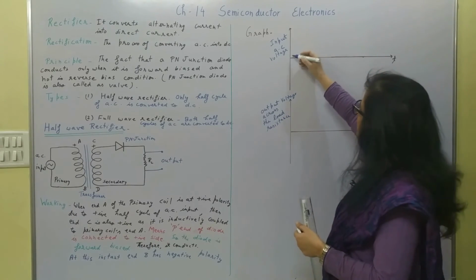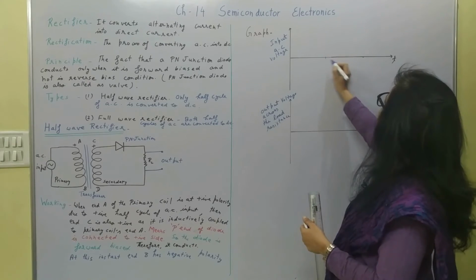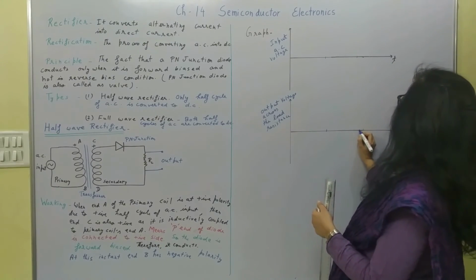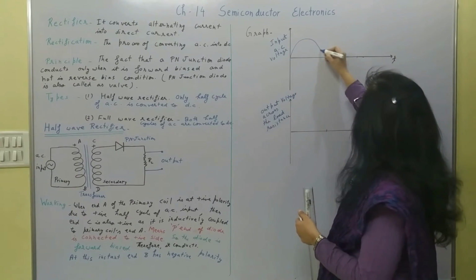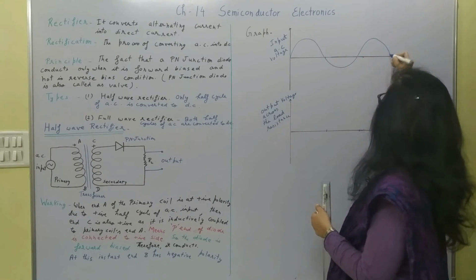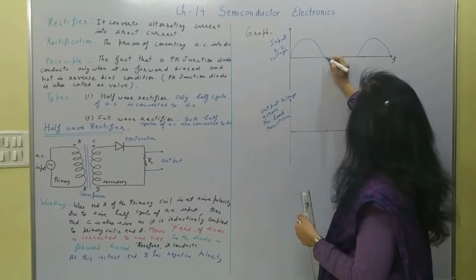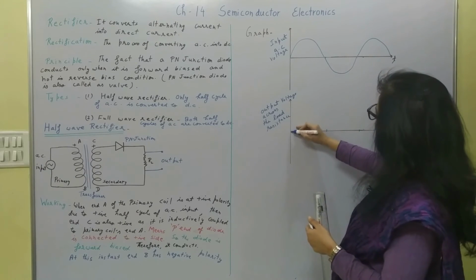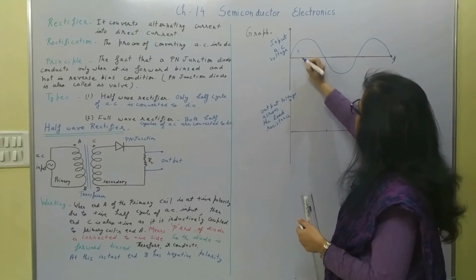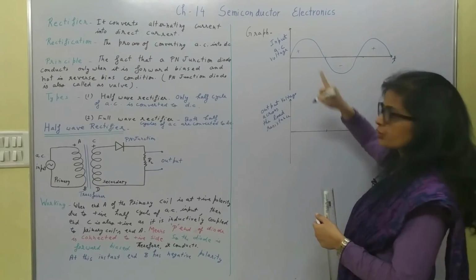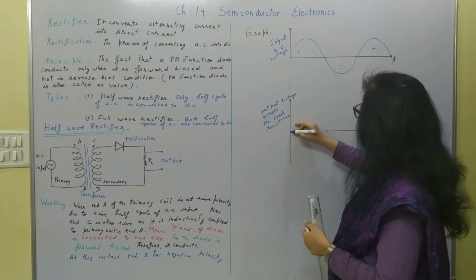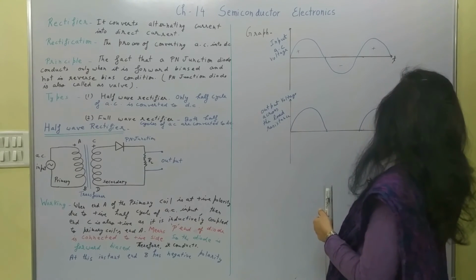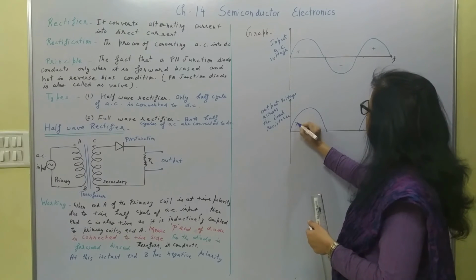So what is happening? The input AC voltage is like this. Now what will happen? The diode will conduct. This half is negative, this half is positive. The diode will conduct when it is forward biased, so this is in case of the positive half cycle only.